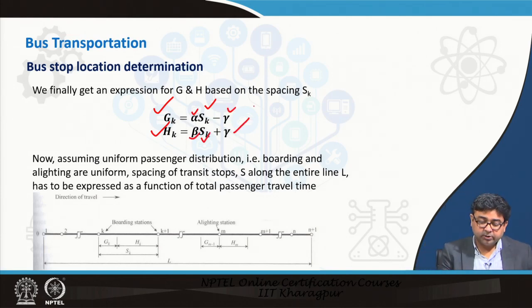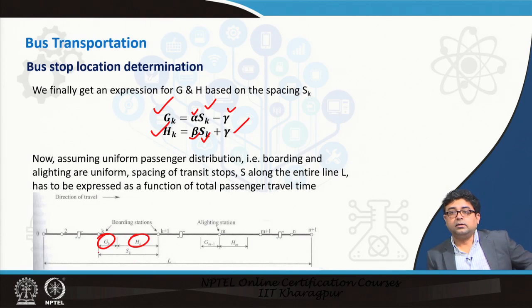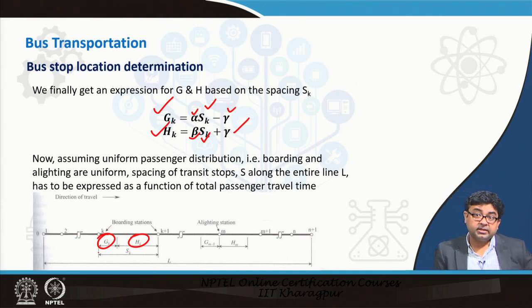So, what this tells you is Gk and Hk. Again remember, Gk and Hk are the market shed lines or passenger shed lines that we are trying to determine, which will allow you to know the spacing between two stations.